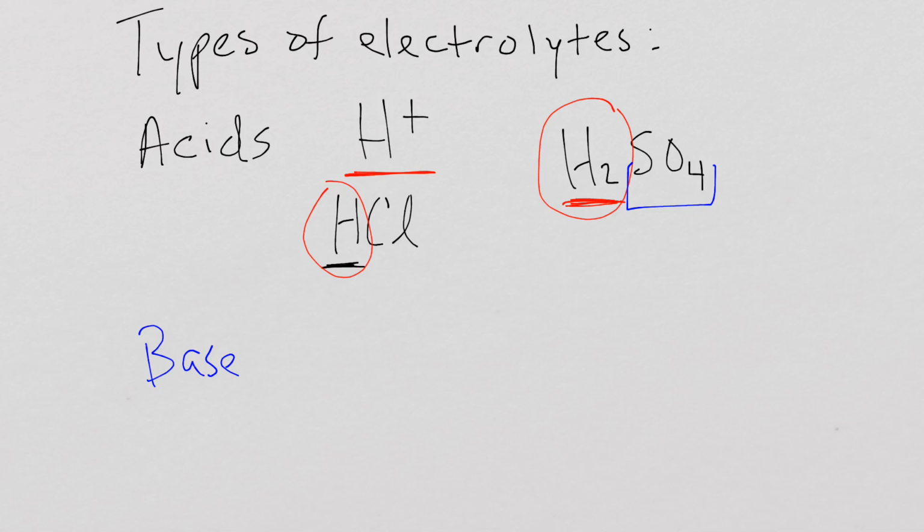What I want you to notice here is hydroxide. Hydroxide is always an oxygen combined with a hydrogen, but the oxygen always comes first, okay? Even though it's called hydroxide, and we pronounce the hydrogen first, that's just the way it is, okay?